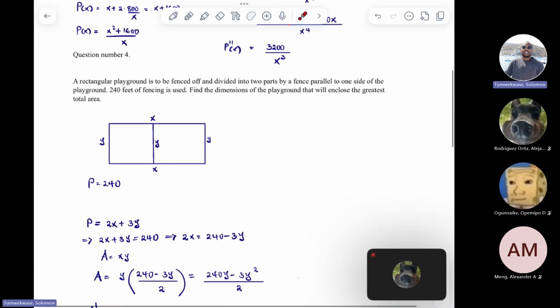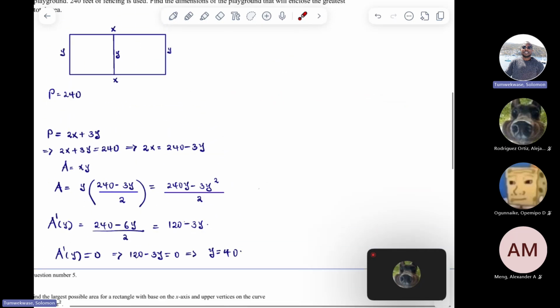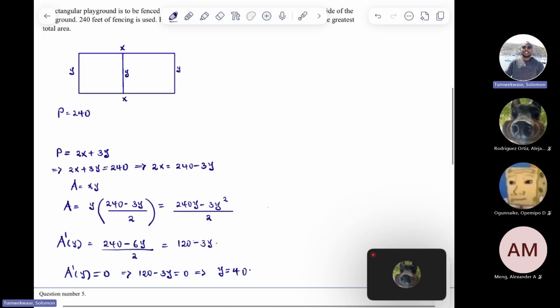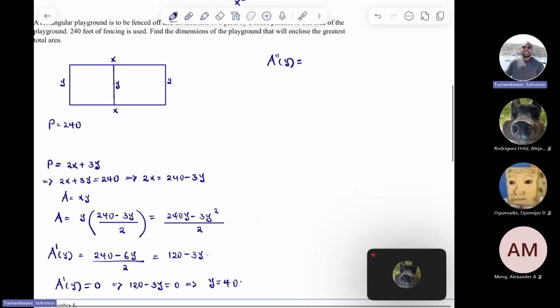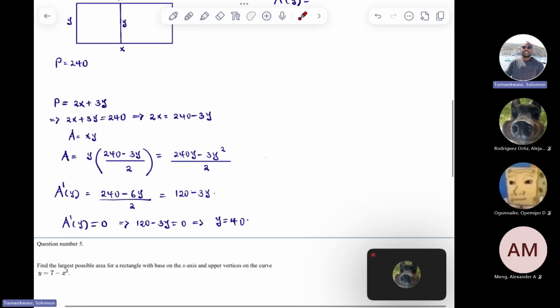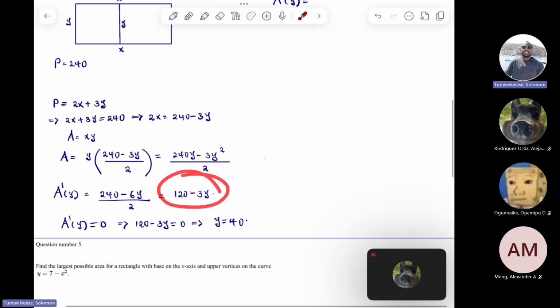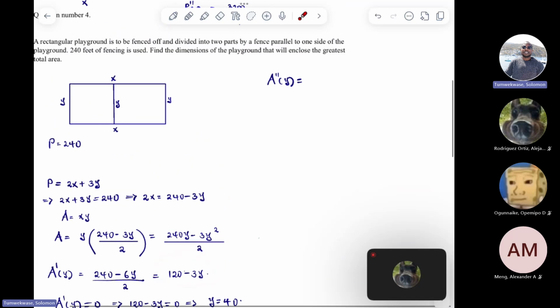Remember, we are looking for the dimensions that will enclose the largest area, so we want to maximize this area. If I take the second derivative with respect to y, I differentiate this guy here, and clearly I end up with negative 3.